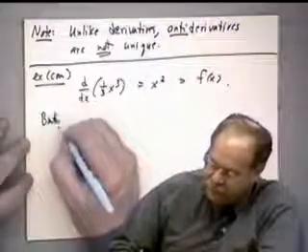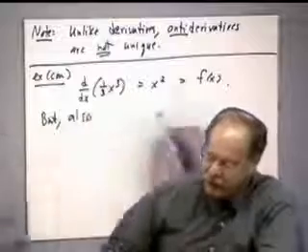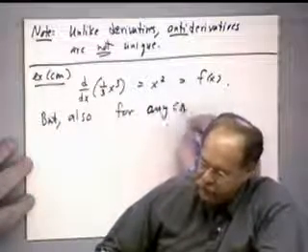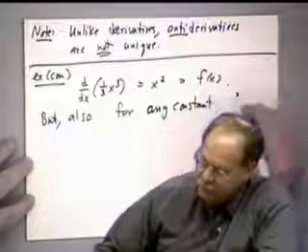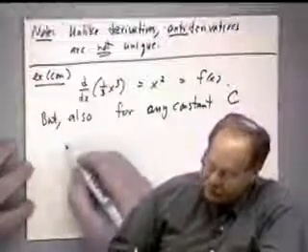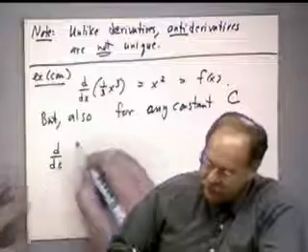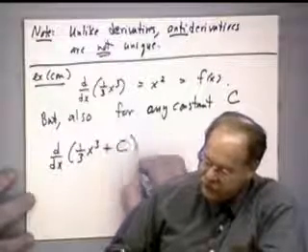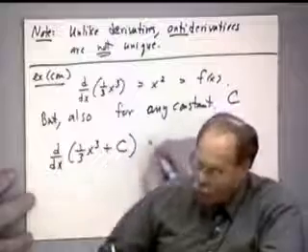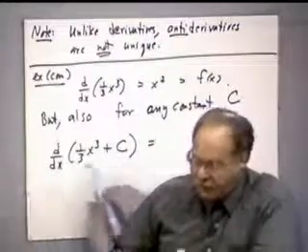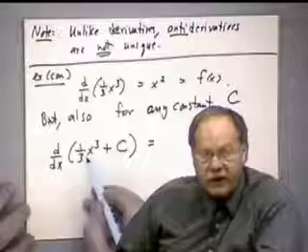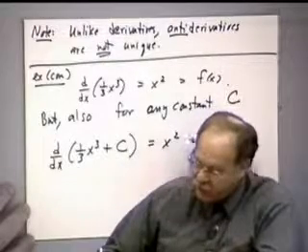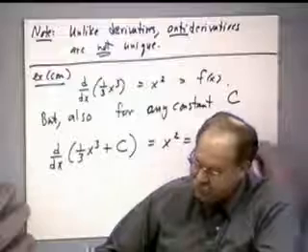But it is also true for any constant, and we're going to use big C for constants here. If you take the derivative of 1/3 x cubed plus any constant whatsoever, what do you get as a derivative? Well, the first part gives you x squared, and the derivative of a constant, of course, is 0, so we get x squared, which is little f of x again.